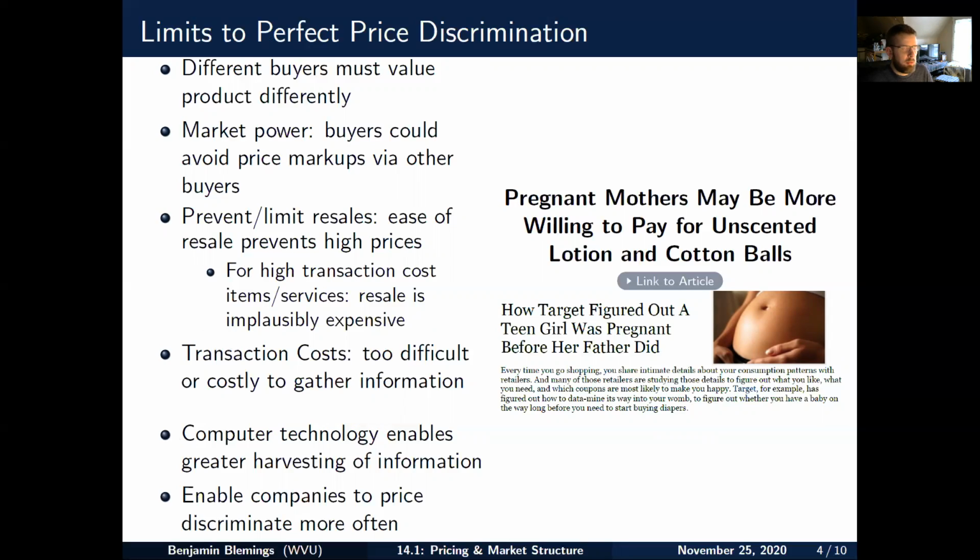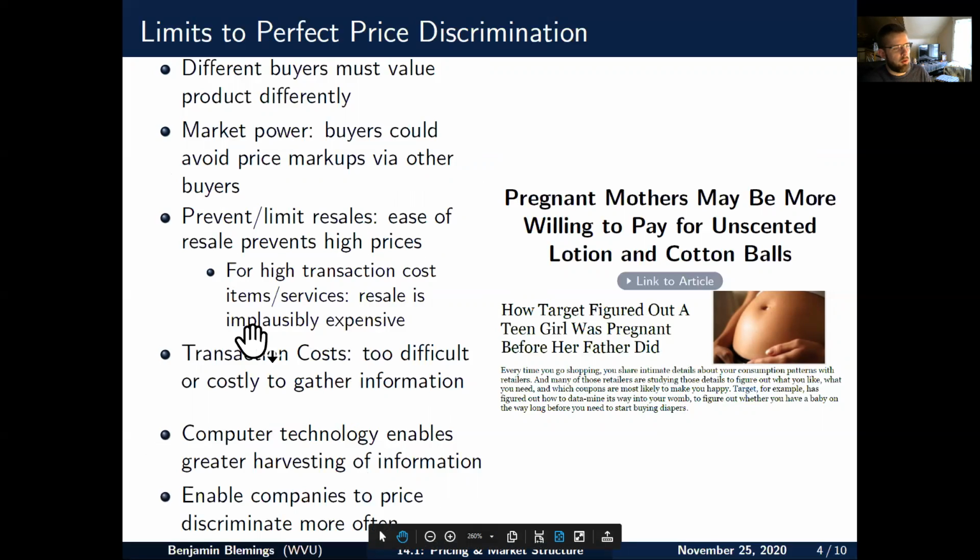And they have to be able to limit resales, because resales would prevent high prices. For high transaction cost services like fixing plumbing or moving a piano, resale is implausibly expensive, so it's too hard to resell these things, which allows price discrimination.